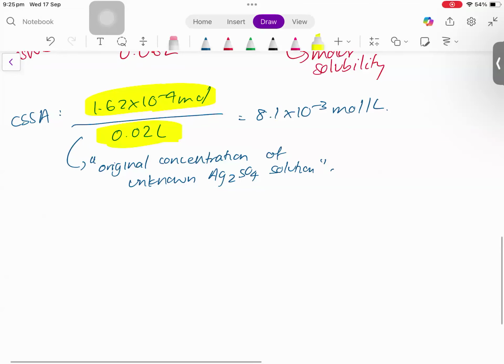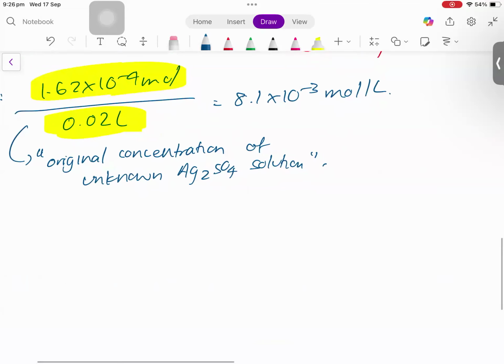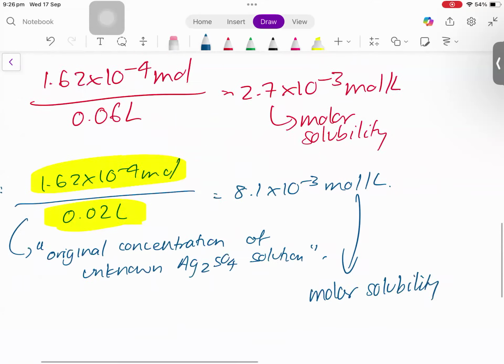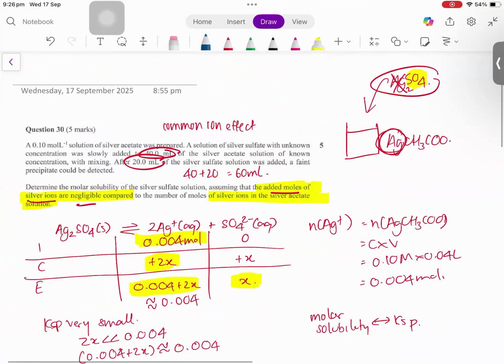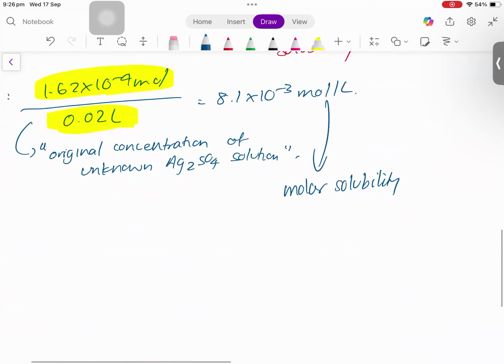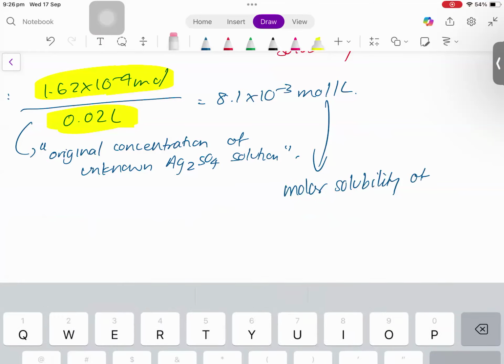So what they've effectively done is that's the molar solubility. The sulfate solution, before it mixed in with the silver acetate, would have just been an aqueous solution. So if they took the sulfate moles over the sulfate volume, that's just the molar solubility in water.